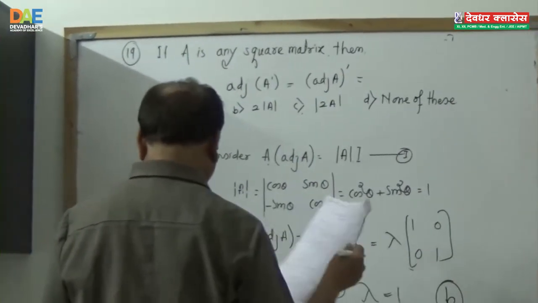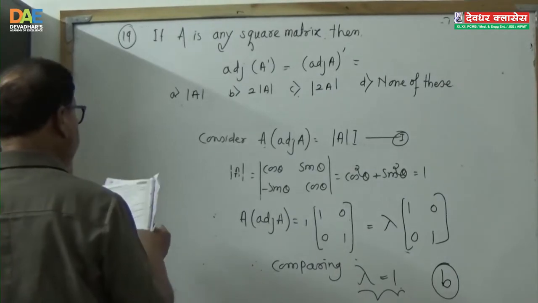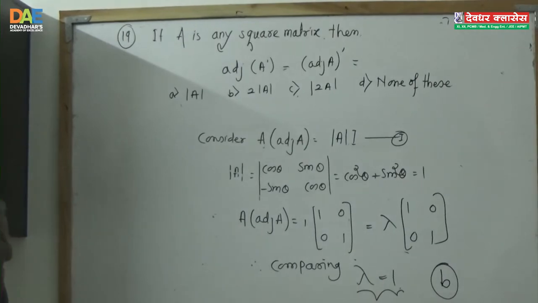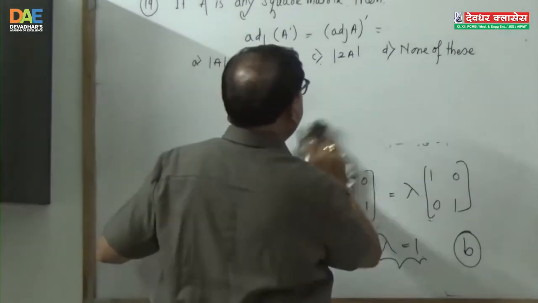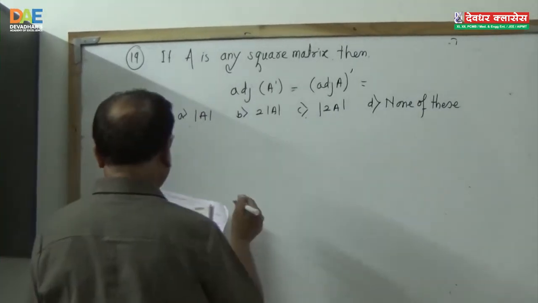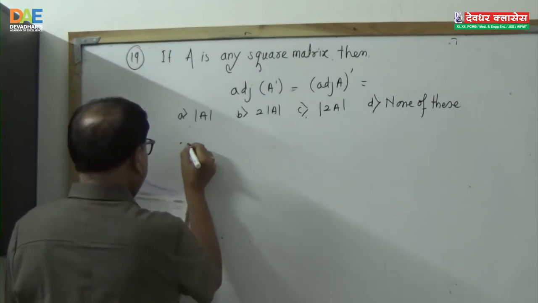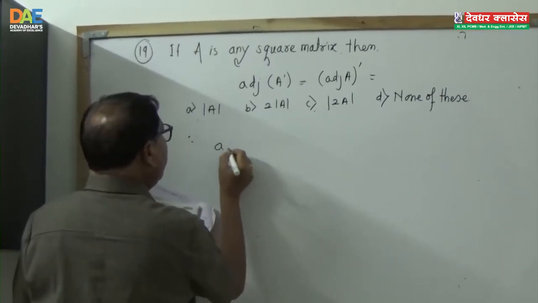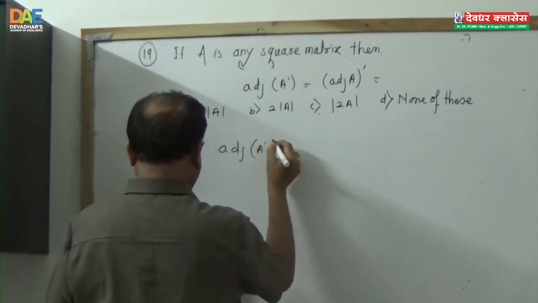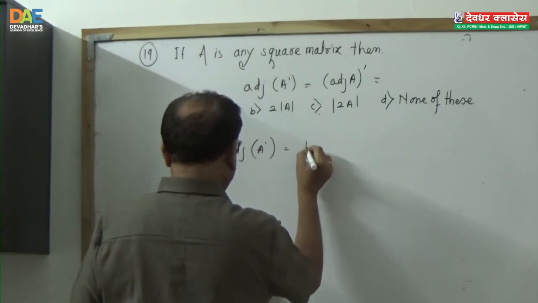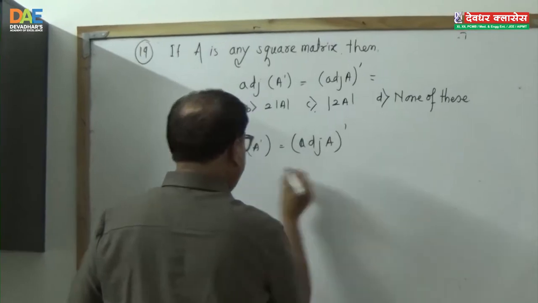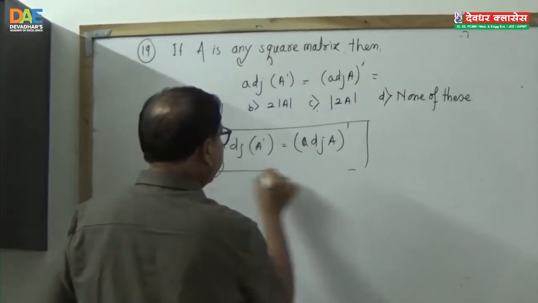Now, consider the example: adjoint of A dash minus adjoint A whole dash. Since adjoint of A dash is equal to adjoint A whole dash, it is a property of that.